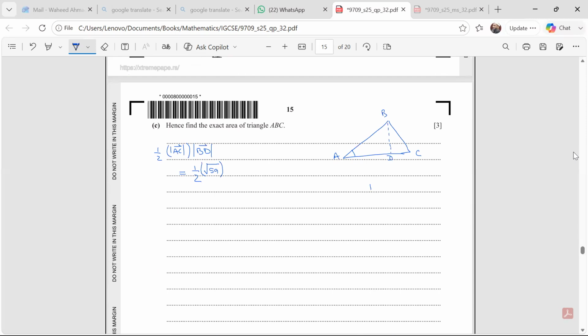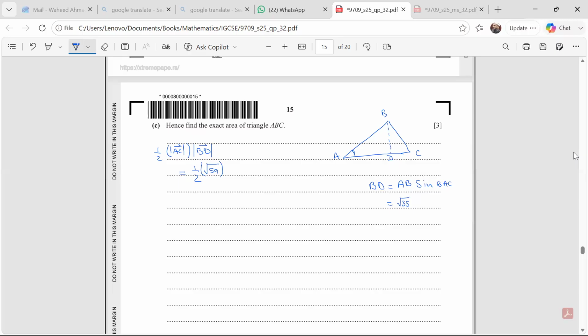This BD is equal to AB times the sine of angle BAC. We know the AB value: the magnitude of AB is root 35.